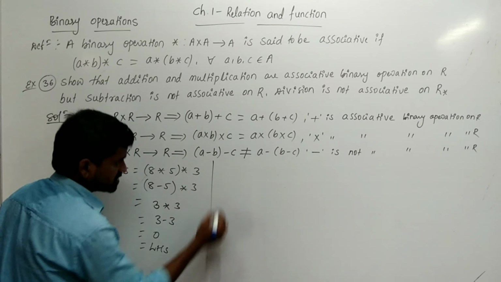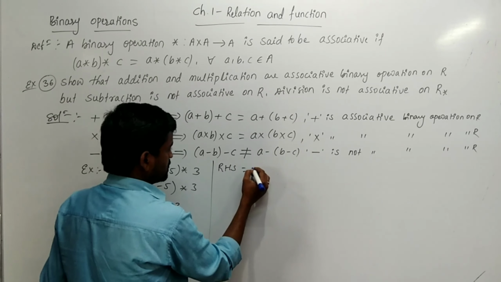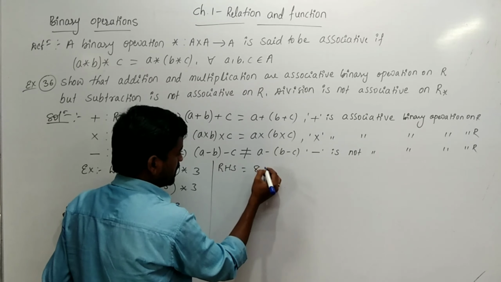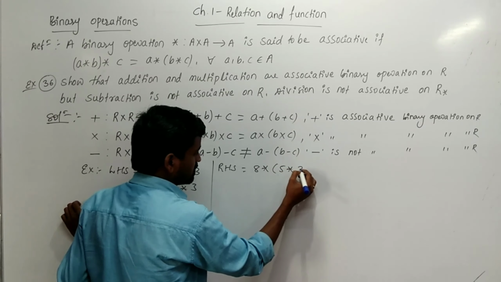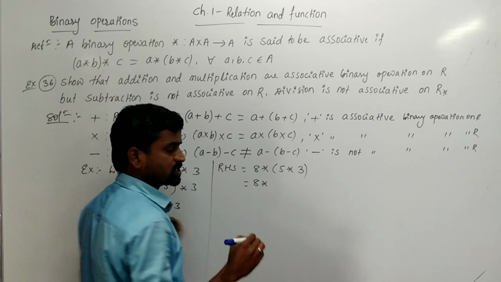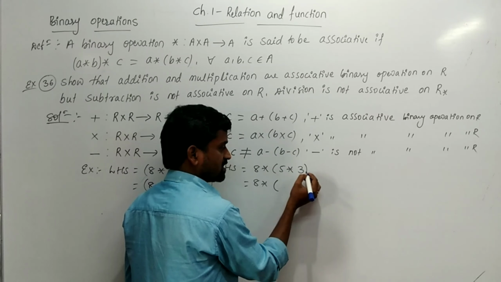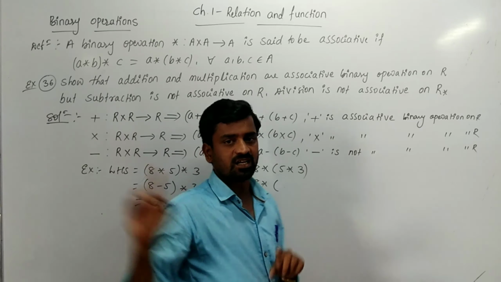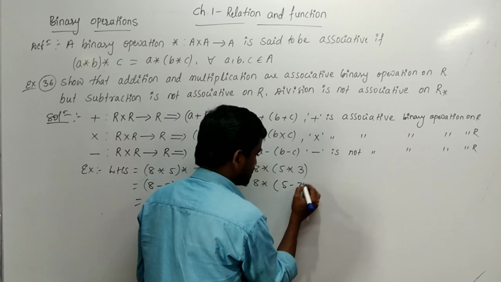Then RHS is 8 star 5 star 3. First simplify the bracket, 5 star 3, star is on subtraction, 5 minus 3.